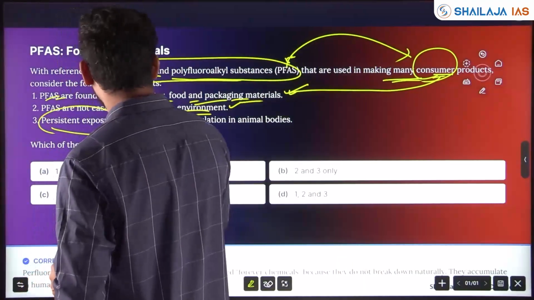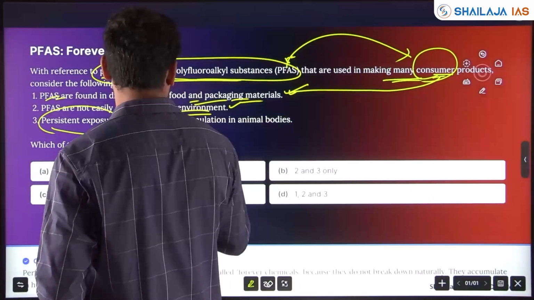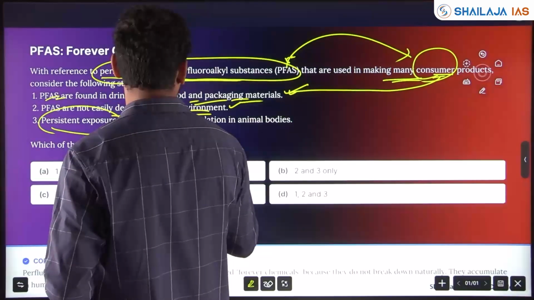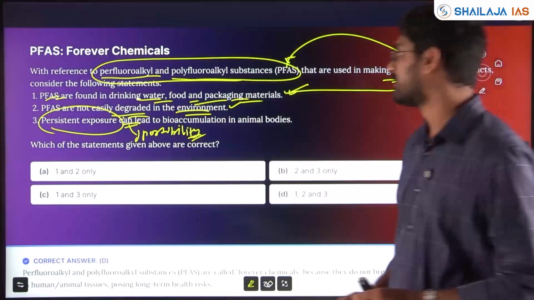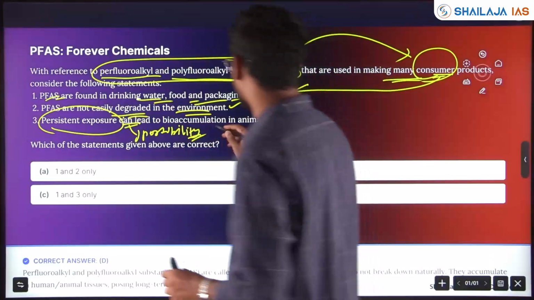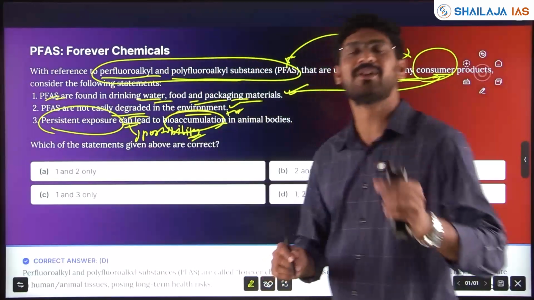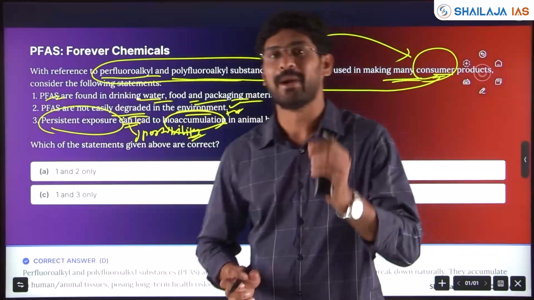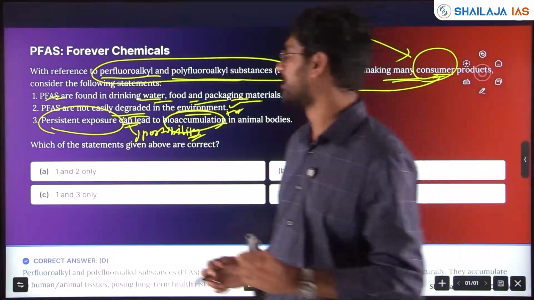Persistent exposure can, again, it is a possibility, can lead to bioaccumulation in animal bodies. We have biomagnification and bioaccumulation, right? Two concepts. Here he is speaking with respect to bioaccumulation. Let me know in the YouTube comments what bioaccumulation and biomagnification are, and what the difference between the two is.